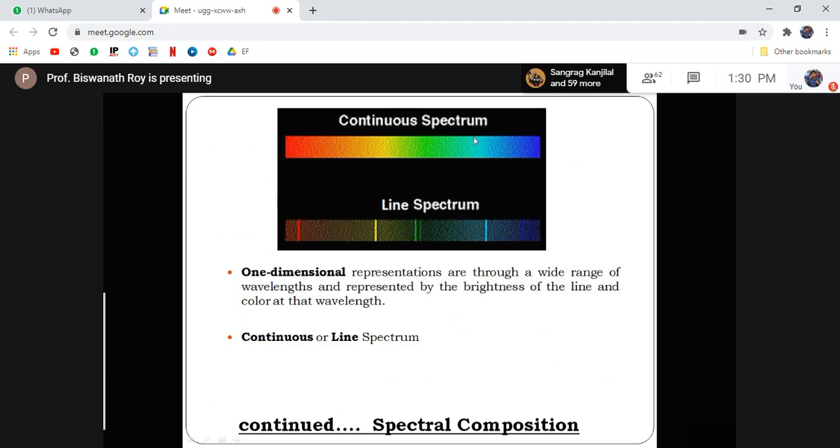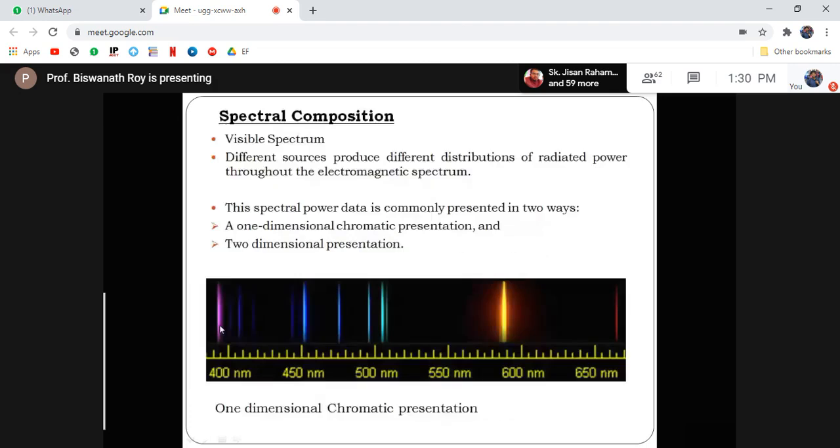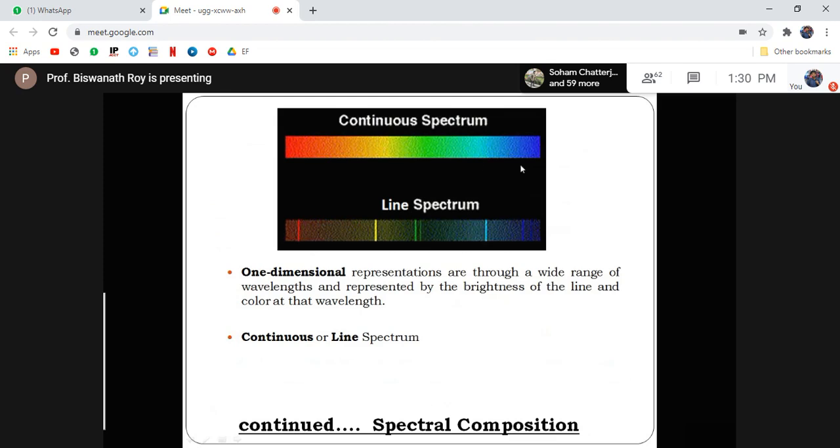This is called the continuous spectra, because it is not possible for us to discriminate different wavelengths. It is the gradual variation of color from the lower portion of wavelength, which is violet, to the higher portion of wavelength, which is red. Here it is called line spectra.